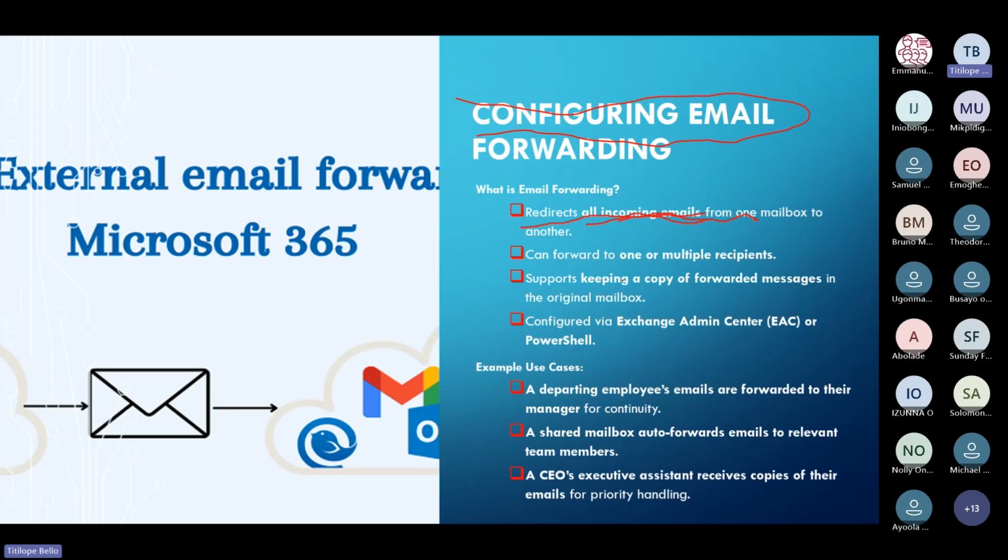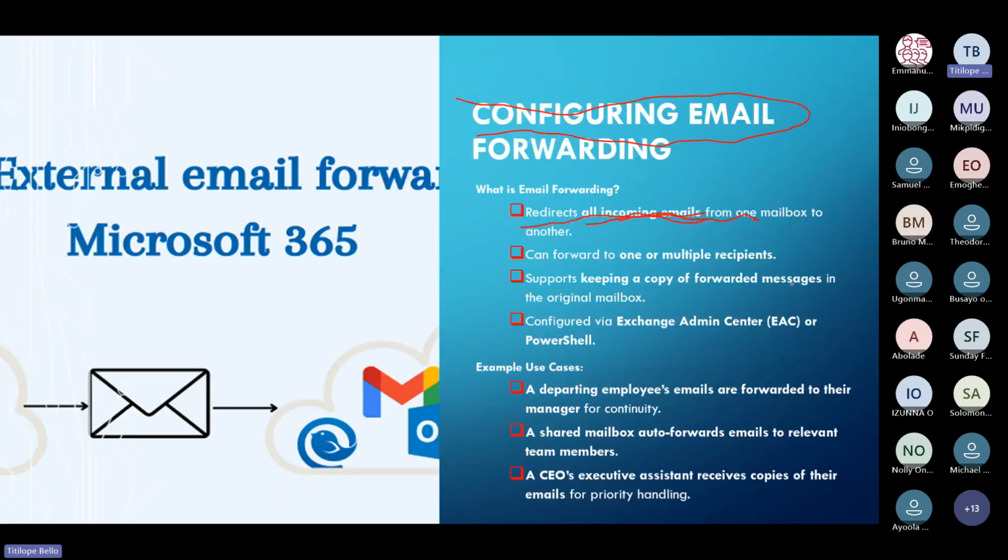This case is very useful where a salesperson has left the organization also, and instead of giving multiple people access to that salesperson's mailbox, you just go to Exchange Online, create a rule, and tell Exchange that anytime email comes for that user, it will just automatically redirect it to another person.